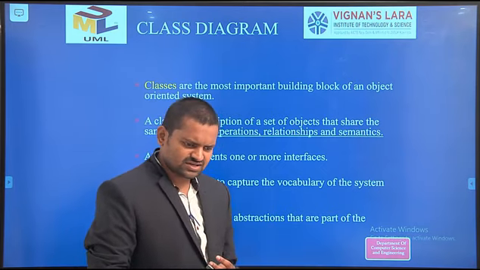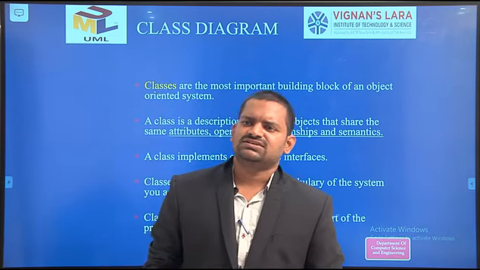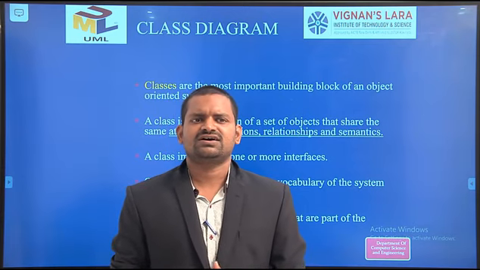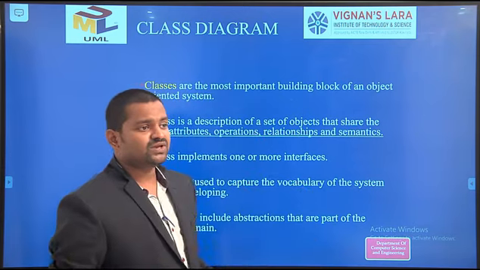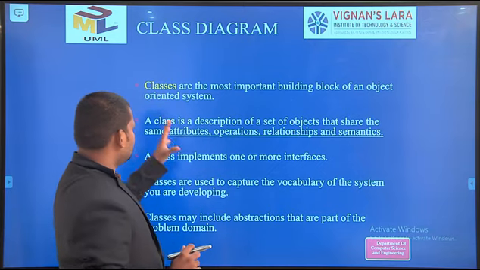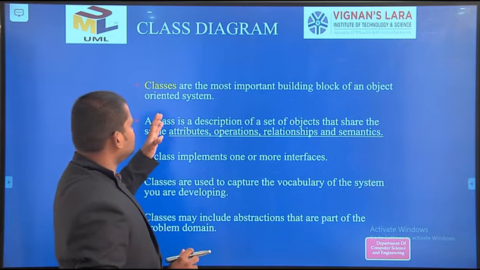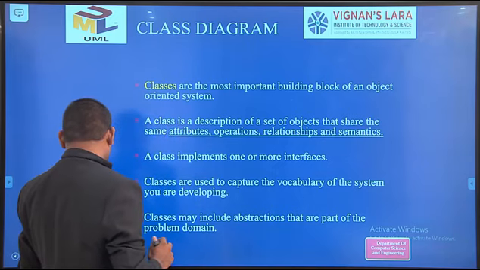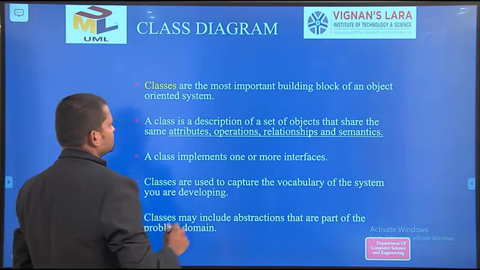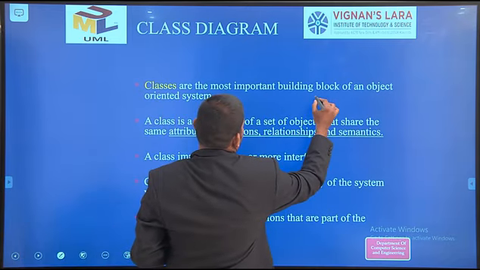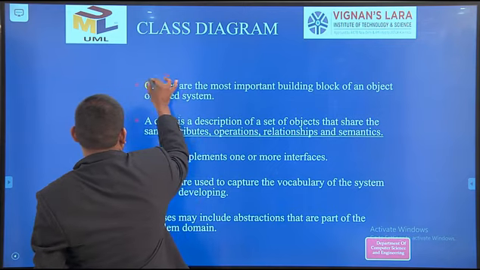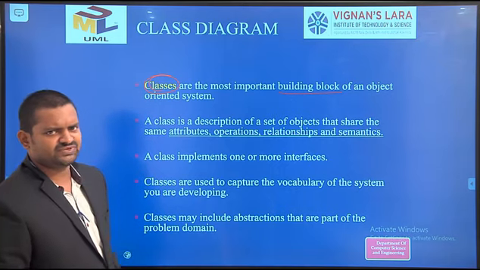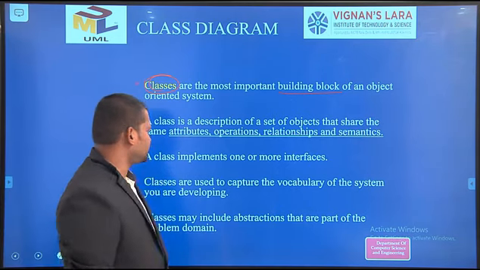We all know the C++ language and the Java language, and recently you learned about the Python language also. There we studied classes. Here, in object-oriented analysis, the major building blocks of an object-oriented system are classes.